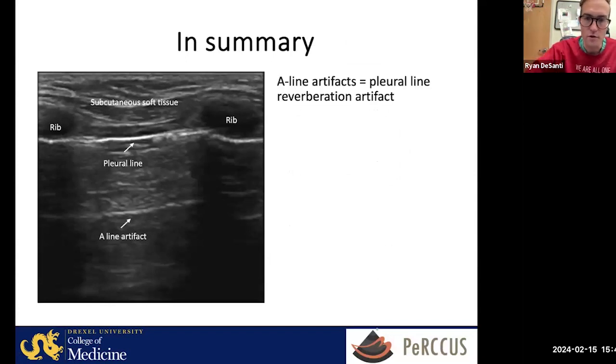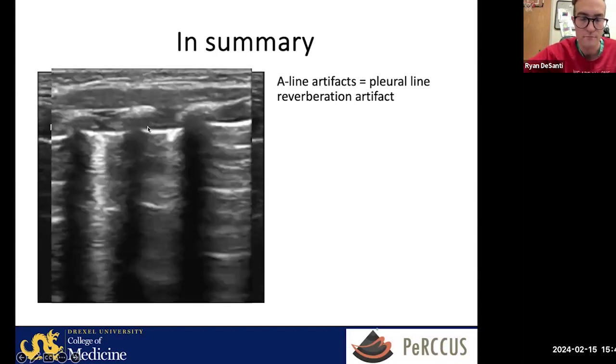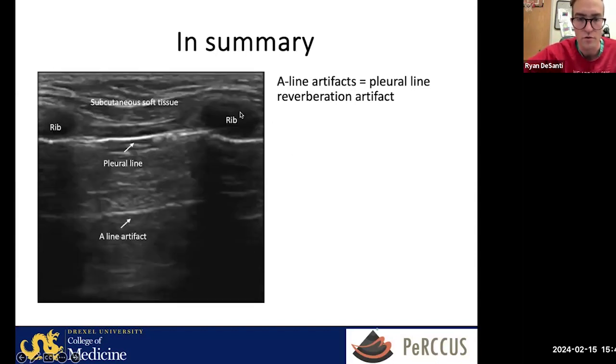And so in summary, normal lung ultrasound will have presence of A lines, which is a reverberation artifact from the pleural line. You will also see, depending on if you're using transverse or longitudinal view, superior and inferior ribs.